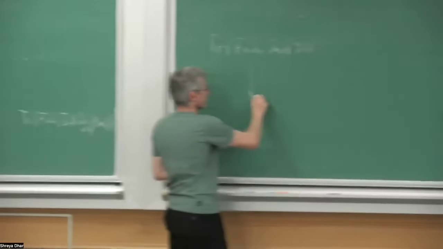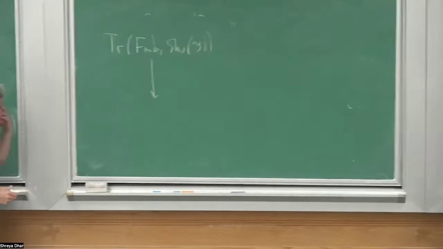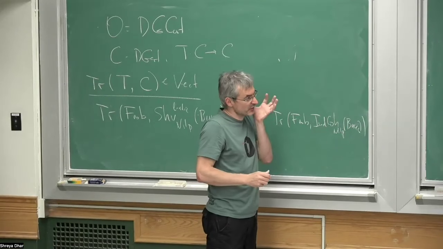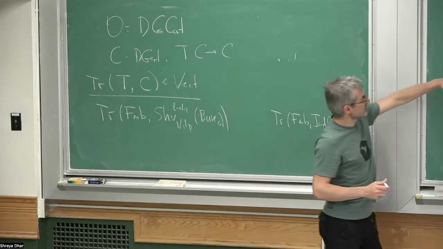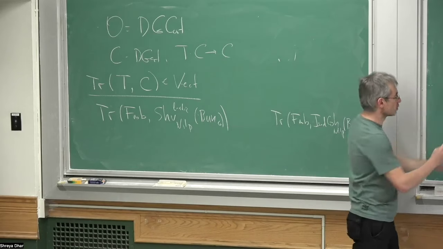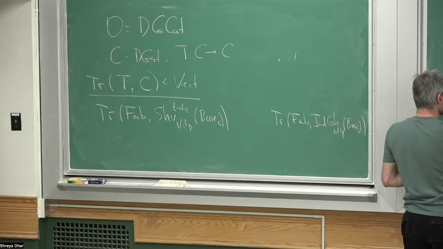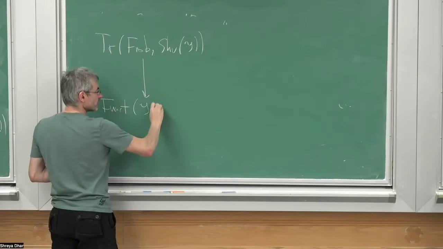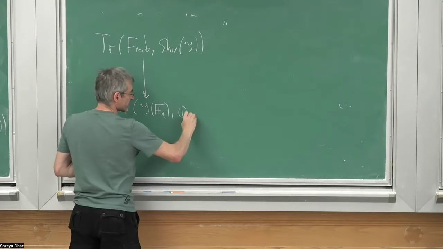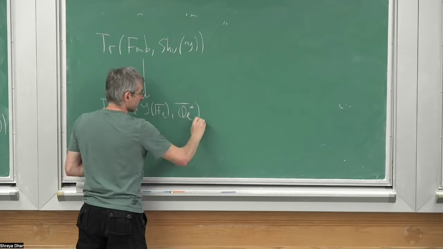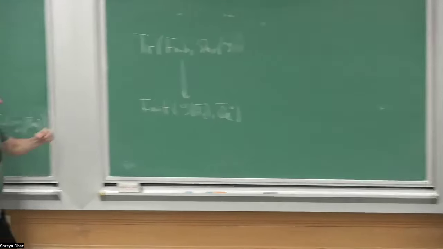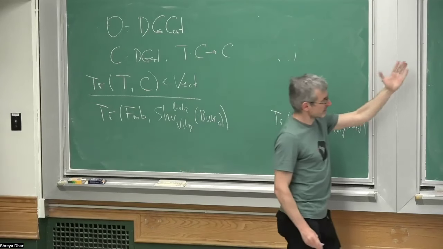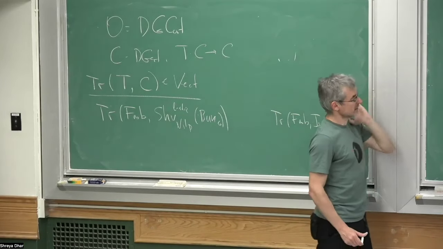Now, there's the famous Grothendieck passage from sheaves to functions, and what it actually does is define a map from this vector space to the space of functions on the set of F_q points of Y, with Q_l bar coefficients. So properly understood, Grothendieck's passage is this map.